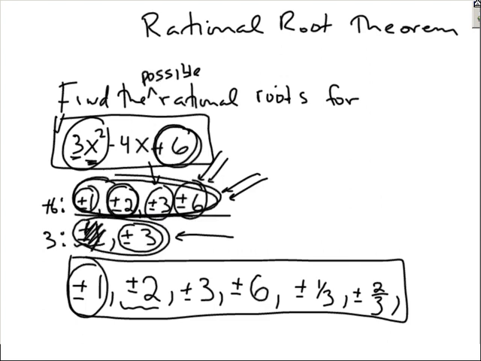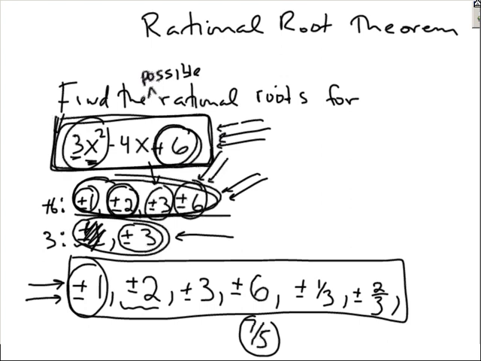Okay, those are the only possible numbers. That is, no way will 7 over 5, which is not on this list. 7 over 5 is not on the list. No way will x being 7 over 5 make that equation 0. This equation will not be 0 at 7 over 5.